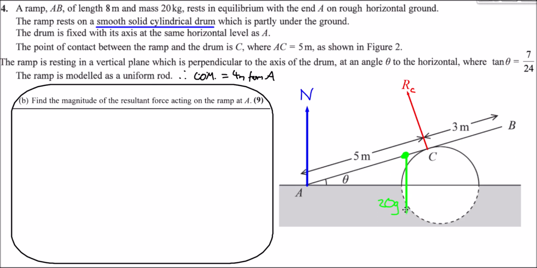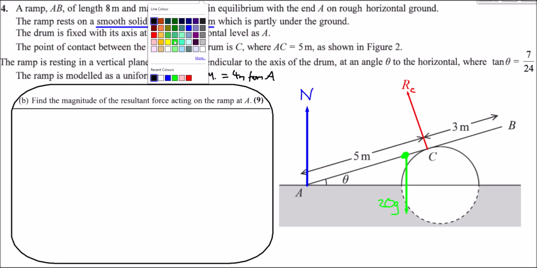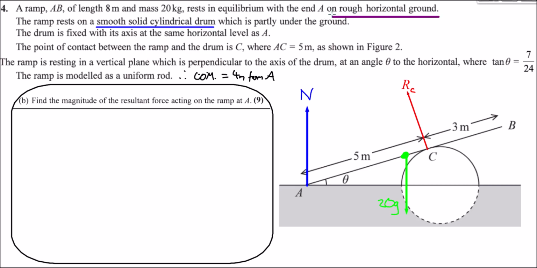So what we need to consider now as well is forces in certain directions. So what else do we need to label on? Well, we're told as well that this ground here is actually rough. So it's rough horizontal ground. This implies that there's going to be friction, of course. So the friction will always act against the tendency for motion.